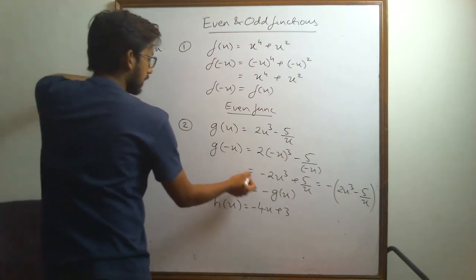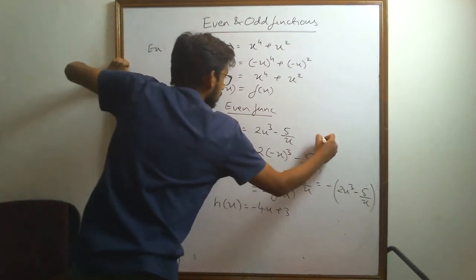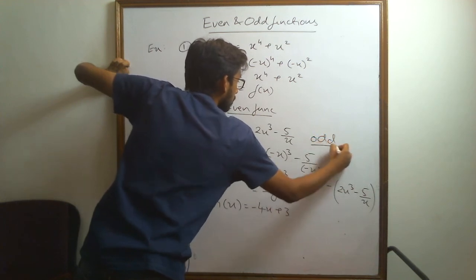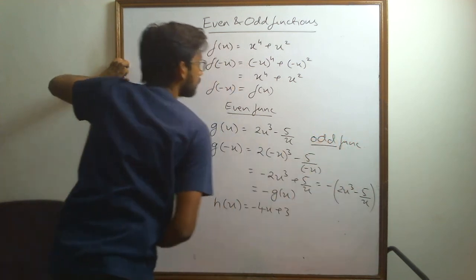Since g of minus x is equal to minus of g of x, this is an odd function.